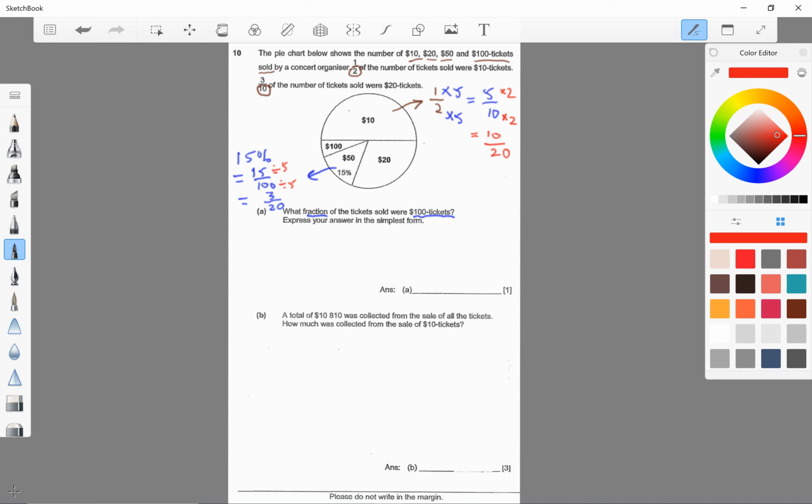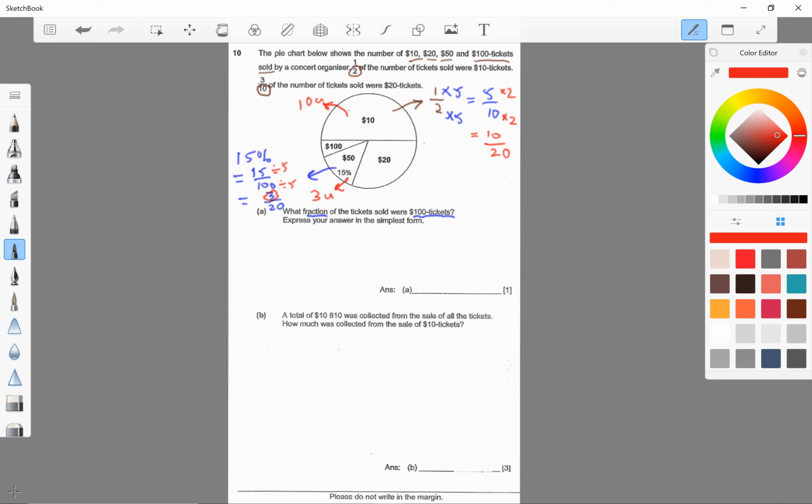So if my $10 is 10 units, let me label it properly, 10 units. And this 15%, $50, is actually 3 units, which came from the numerator 3.